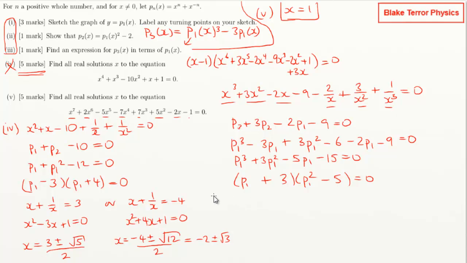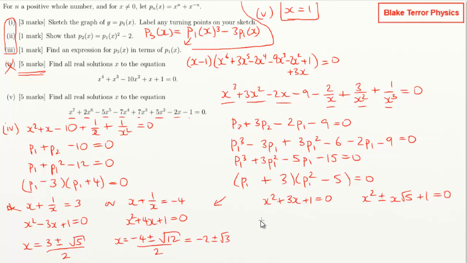So that would, as we've done over here, well, it's a variant on this one, isn't it? So we'd have x squared plus 3x plus 1 is 0. And then we've got that p squared is 5. So p1 is plus or minus root 5. So we'd have x squared, well, plus or minus root 5x plus 1 is 0.